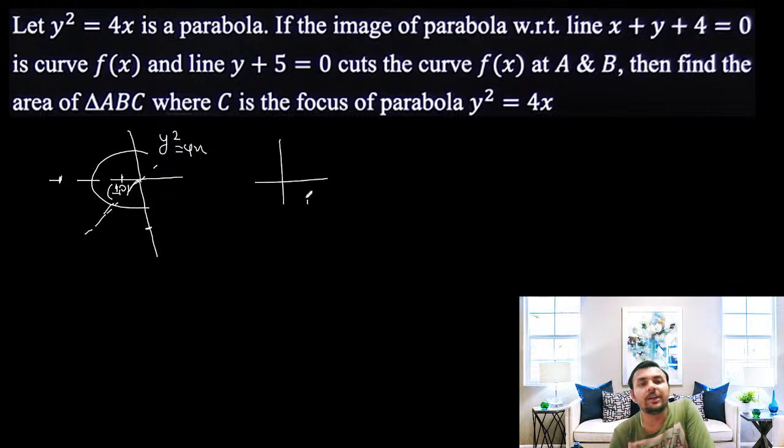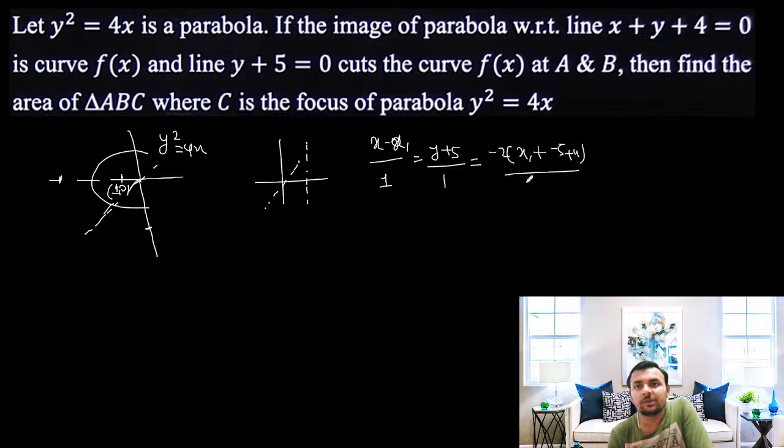If it is y equal to minus 5, then in the given line x plus y plus 4, the reflection of y minus 5 will become x minus 0. x minus x1 upon 1, y minus 5 upon 1 equal to minus 2 times (x1 plus y equal to minus 5 plus 4) upon 2.